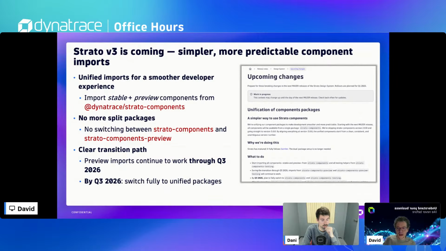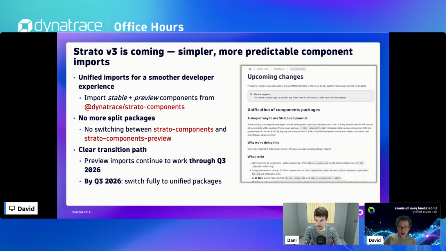So yeah, keep an eye on the upcoming changes page for the design system. If you go to the developer portal, developer.dynatrace.com, you will find the release notes section, and there we have the design system section.